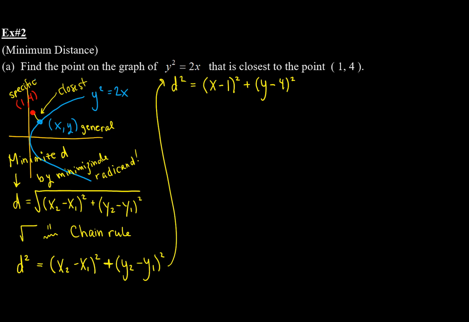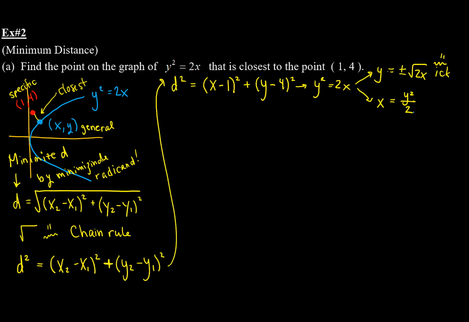Now keep in mind that y squared is equal to 2x. Right now I have too many variables. If I wanted to solve this for y, I'd have to figure out the positive or negative and do multiple things with it, and no thank you. So I'm going to solve this one for x, and then do the substitution with x.